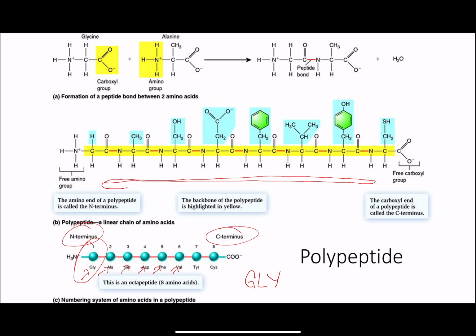And if you look on your worksheet, it's the very first one up there on the top left. And so glycine is an amino acid with the backbone that looks like all of our amino acids. Central carbon bound to an amino group and a carboxyl group, and its R group happens to just be a single hydrogen. So if you were looking at a polypeptide chain represented like this and you wanted to know what glycine looked like, you would just look on your worksheet to look at that amino acid and see, okay, there it is. It looks like this. It's got an R group like that.